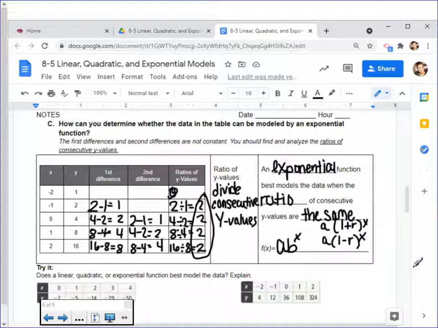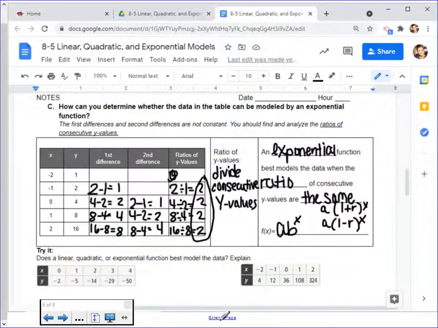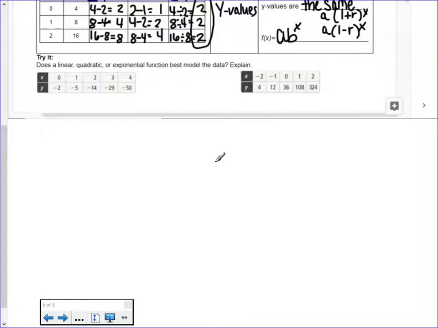Okay, so at this point now, we're going to use the information we just learned and decide which one it is. Like I said, you don't have to do all of them if you know what's going on. Like if it's linear, you don't have to keep going. So we're going to look at our y values right here. I'm going to take -5 minus -2.